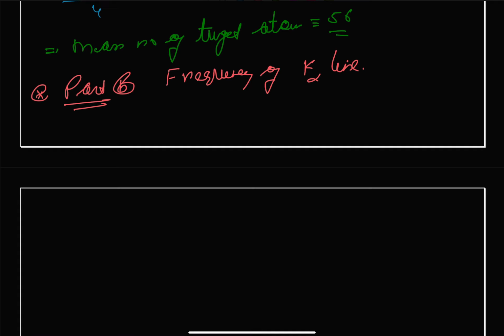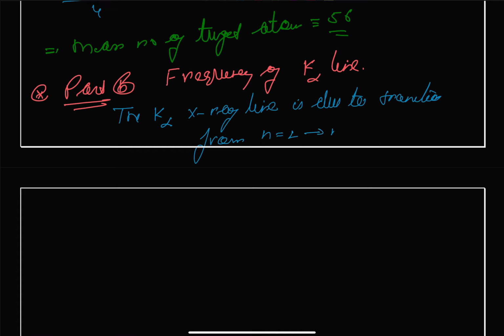We can say the K alpha X-ray line is due to transition from N is equal to 2 to N is equal to 1.